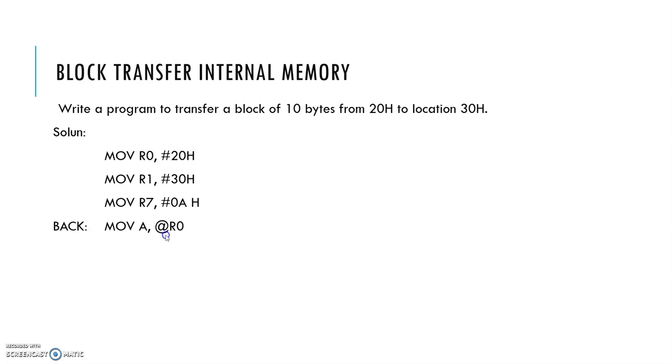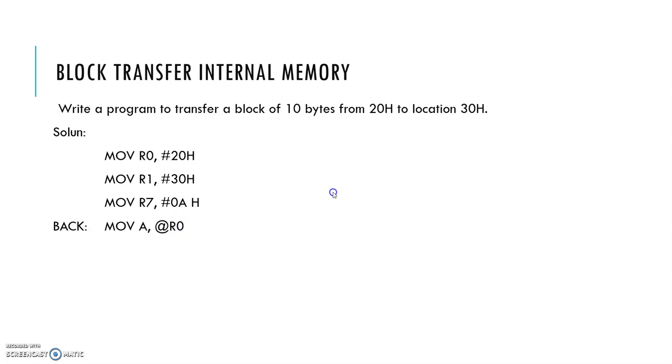Indirect addressing mode means the register is pointing to a memory location. The content of the R0 register is 20 hex, so @R0 means it is pointing to location 20 hex in the internal memory.